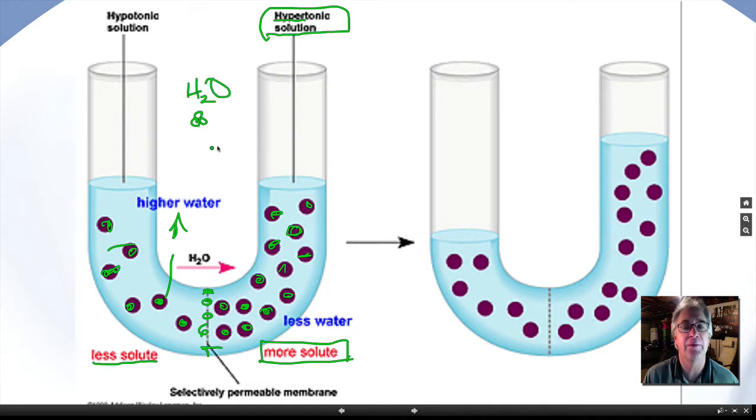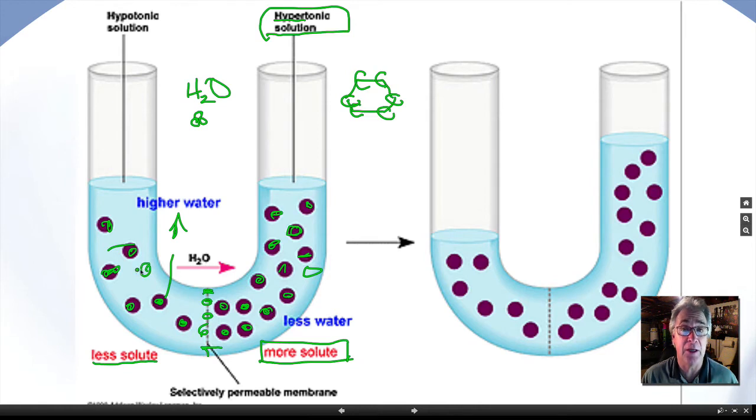It's not very big. But when we take a look at a glucose molecule, there are 6 carbons in here. It's a much larger molecule. It's not able to fit through here. So what happens is, because these can't fit through here, there's going to be a greater concentration of water on this side than on this side.